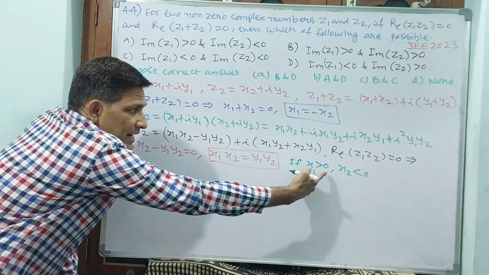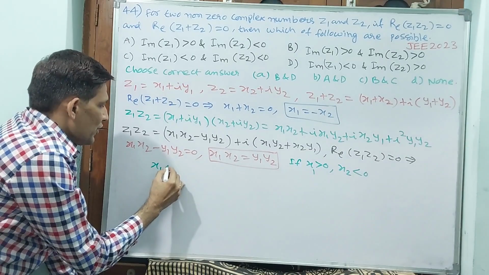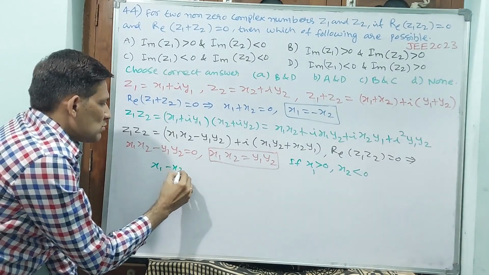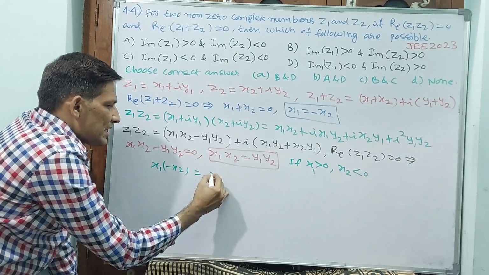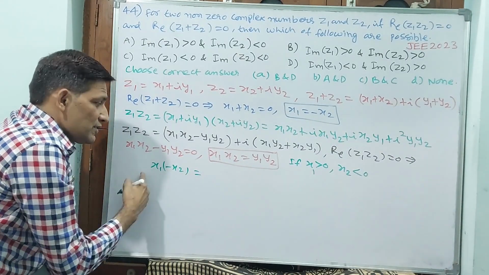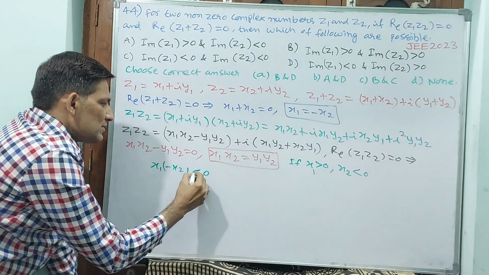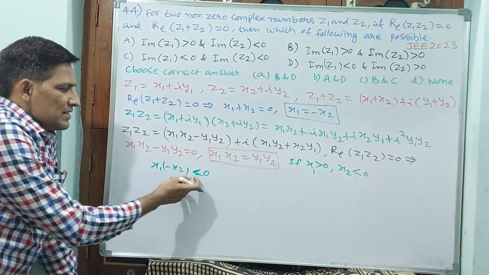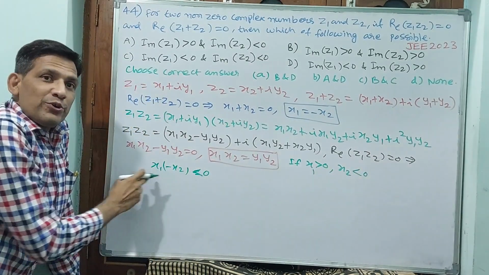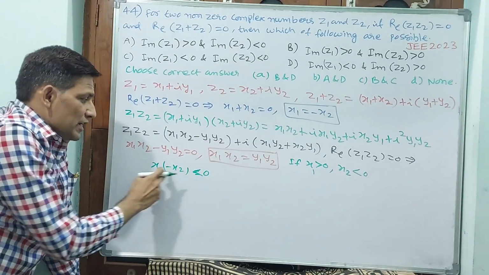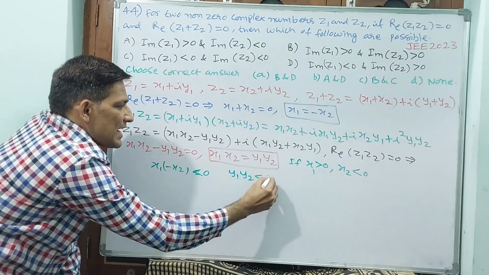If X1 is greater than 0, then X1 into minus X2, because X2 is less than 0, so automatically Y1 Y2 is going to become negative, less than 0. Because one is positive and one is negative, positive into negative is negative. That means less than 0. X1 X2 less than 0 means automatically Y1 Y2 also should be less than 0.